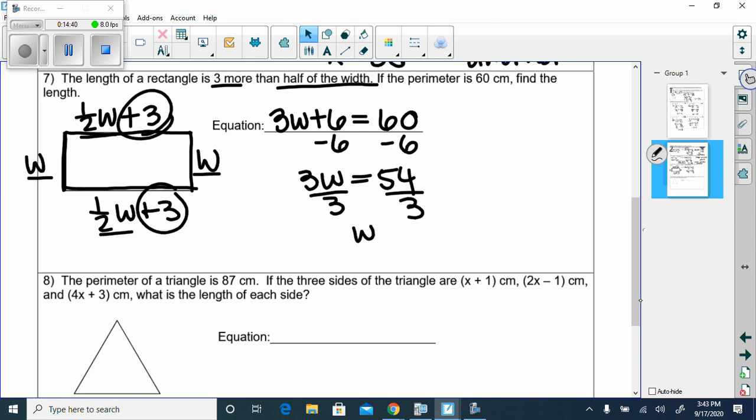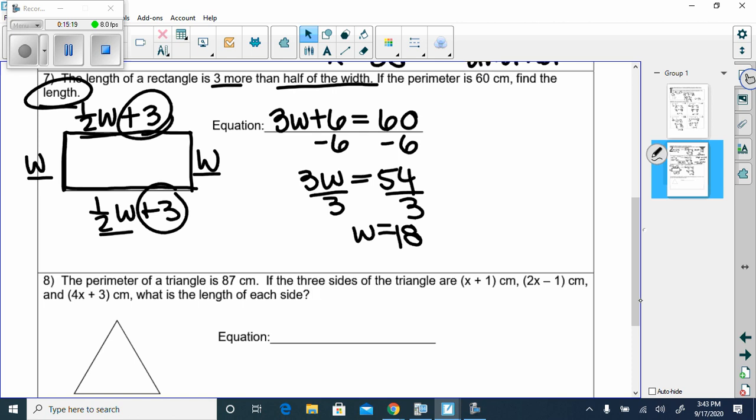Okay. So we found out the width is 18, but that's not what they asked. Yes, we're going to plug it in, because they asked us to find the length, right?